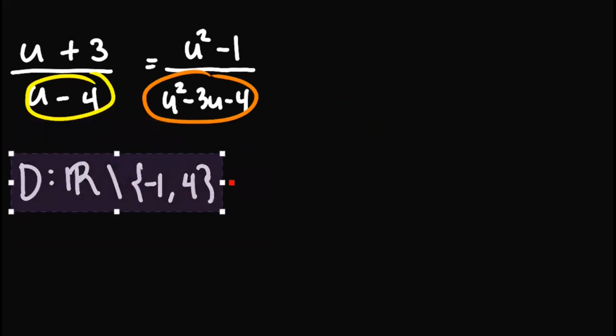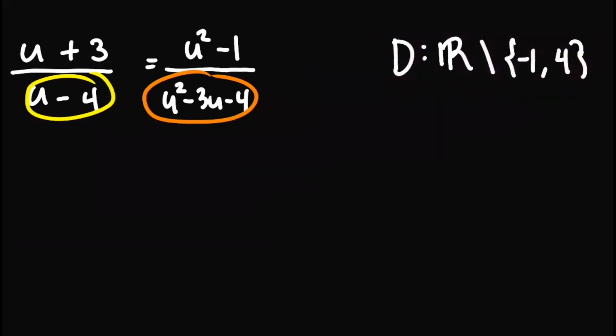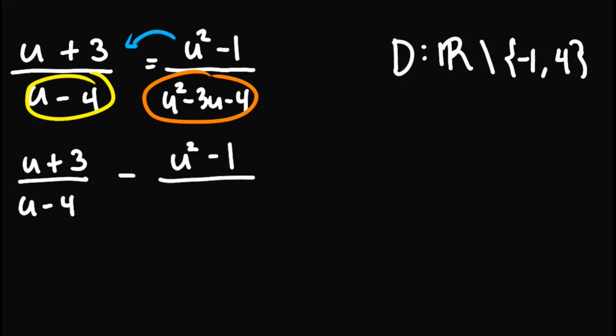Let's move this one out of here. And let's now start the solution process for this one. First, we move this one to the left side. So we'll obtain u plus 3 over u minus 4 minus u squared minus 1 over u squared minus 3u minus 4. And to be clearer, let's factor this one out.